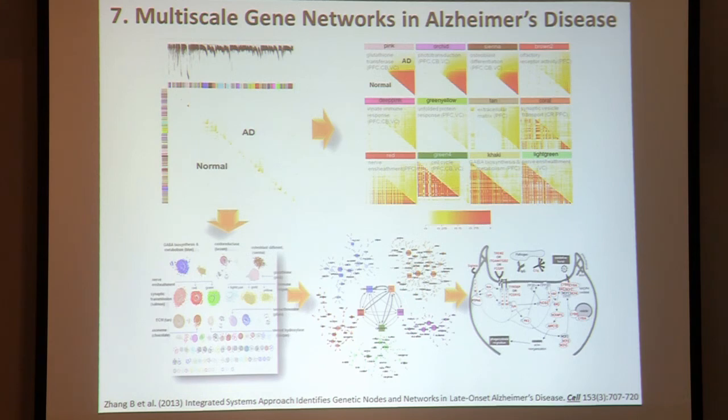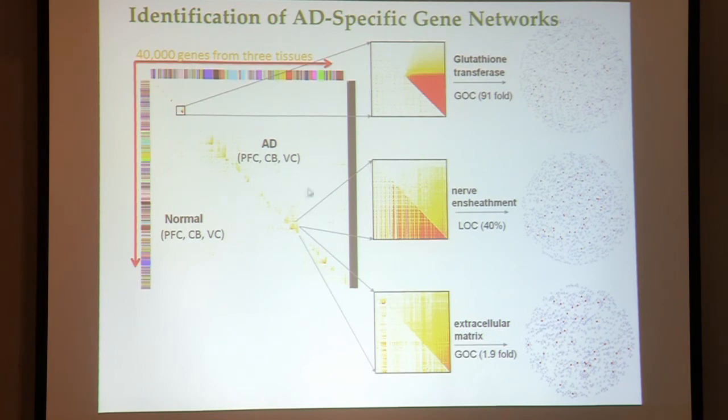Because in this study we have tissue samples from 3 different brain regions, we quantify the changes of WGCNA-derived modules. In this case, you can see this is the 40,000 most informative genes from 3 different brain regions.